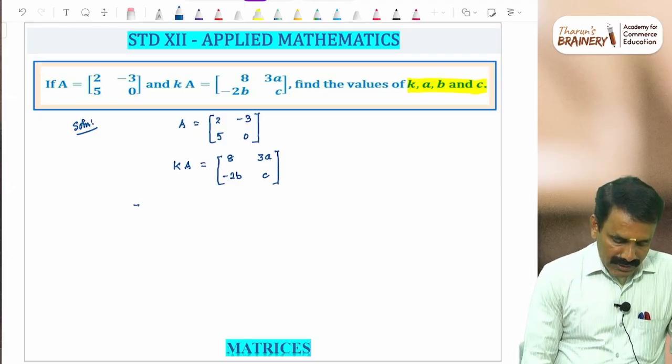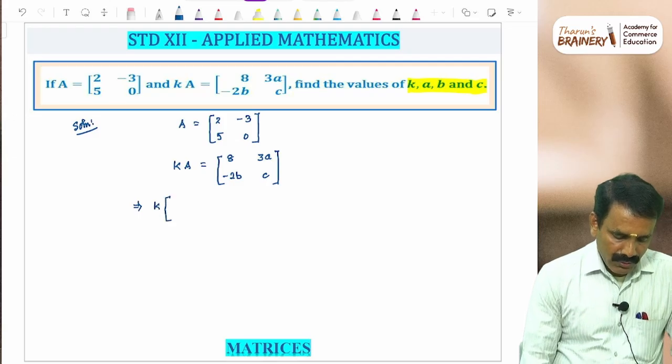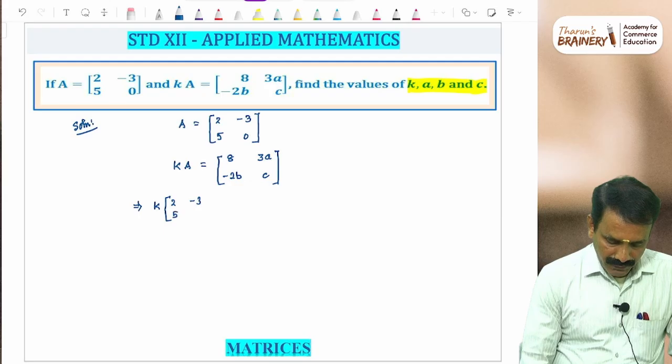Now we try to simplify this expression. k is written as such, times the A matrix [2, -3; 5, 0], is equal to [8, 3a; -2b, c].